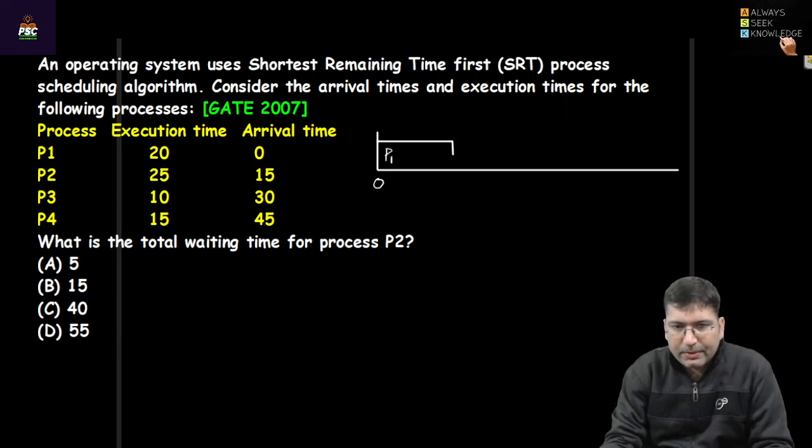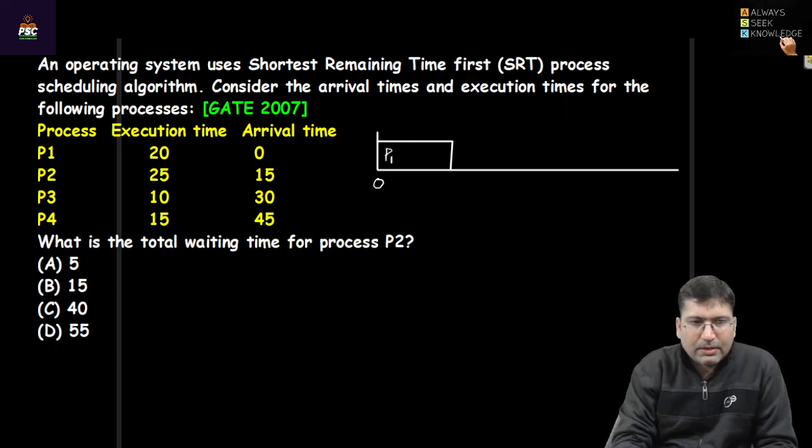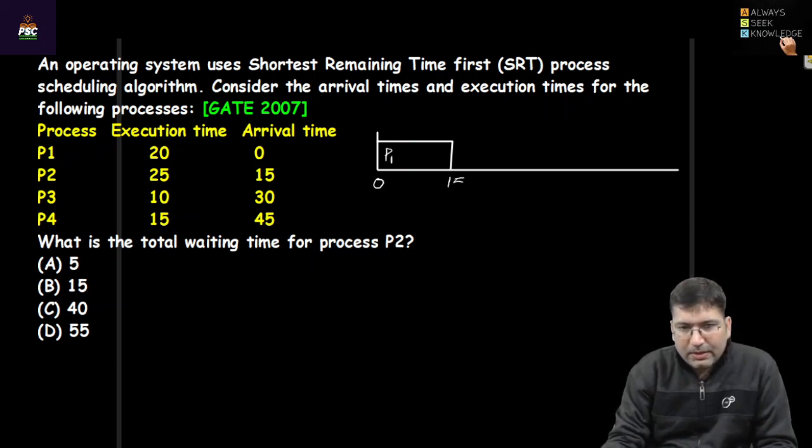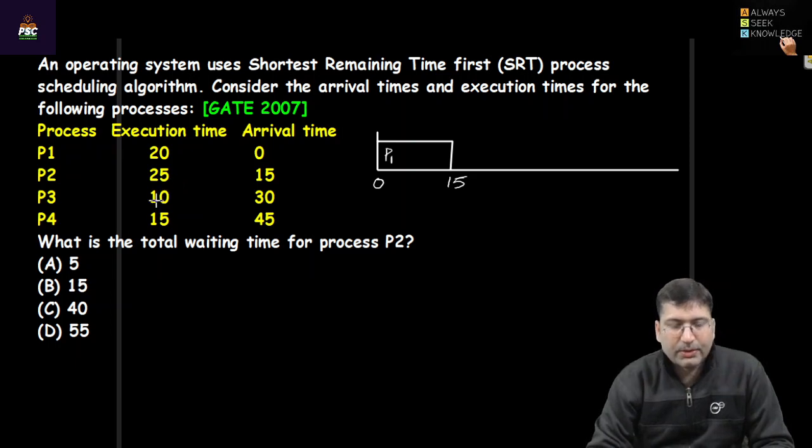Now here, before 15 actually, at 10 units of time, P3 arrived. When P3 arrived at 10, there's a conflict.